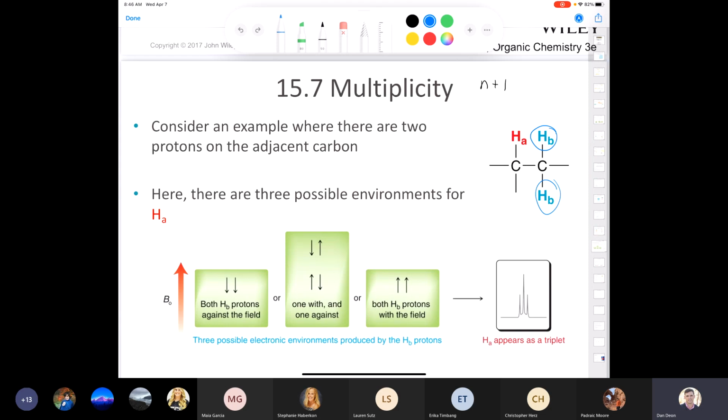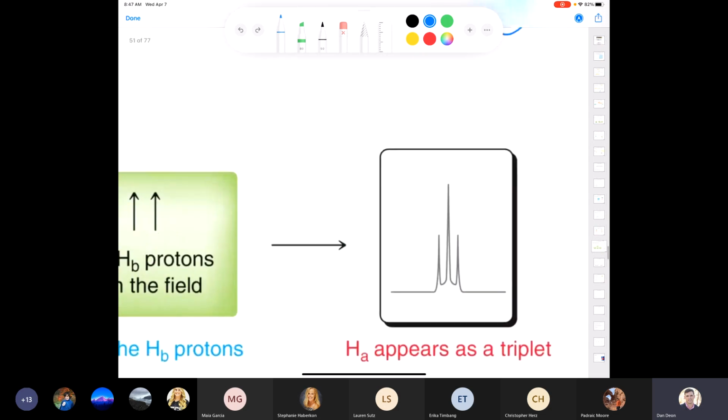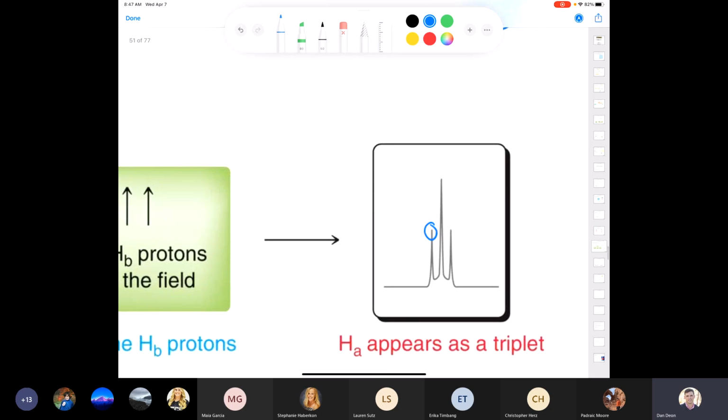Right? It's going to have a greater magnetic field, and therefore it's going to take more energy to flip or resonate between the alpha and beta spin state, and therefore it's going to absorb a higher frequency of electromagnetic radiation, and therefore it's going to be a little bit deshielded. And that's why we end up with one that's a little bit deshielded.